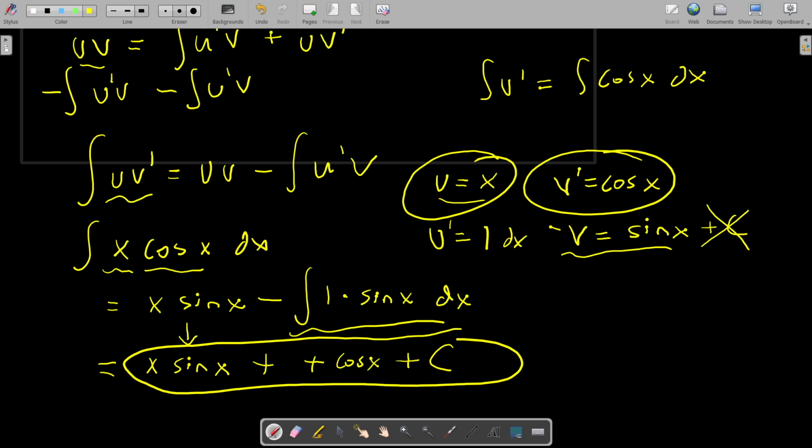The first thing I like to try is to remember that you're going to need to differentiate the u and you're going to need to integrate the v prime. So when you choose v prime, you need to choose something that you can integrate. And for u, you want to choose something you can differentiate, but you can pretty much differentiate almost anything. So that's why choosing the integral part is usually more important.